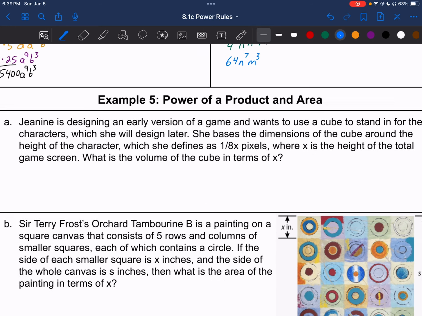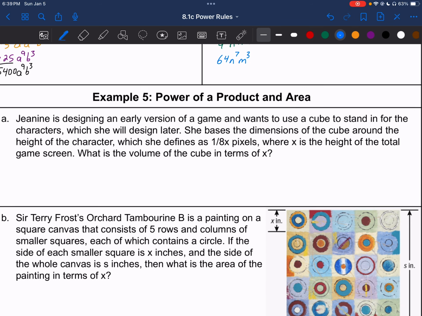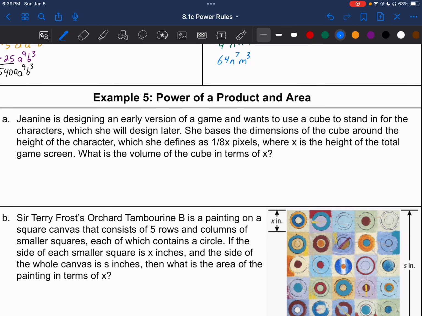All right, so now we've got examples of power and product when it comes to area specifically. Area we know is length times width, or volume in this case is length times width times height. So Janine is designing an early version of a game and wants to use a cube to stand in for her characters.